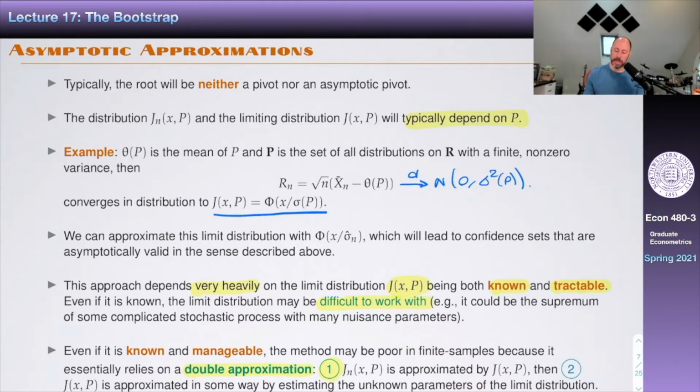As I wrote here, we approximated the sampling distribution with this object, but we didn't use that object because we didn't know sigma P. So we ended up using this object that had sigma hat instead of sigma P. So there's a double approximation. And whenever you have multiple approximations going on, there's a higher chance that at some point some of those may be poor, and then the performance of the method is affected in finite samples.